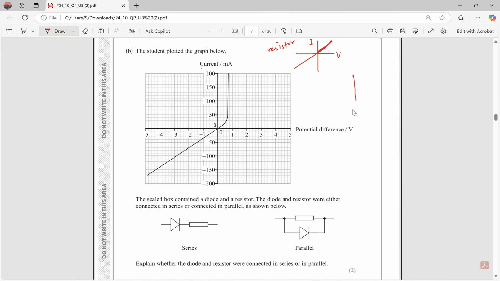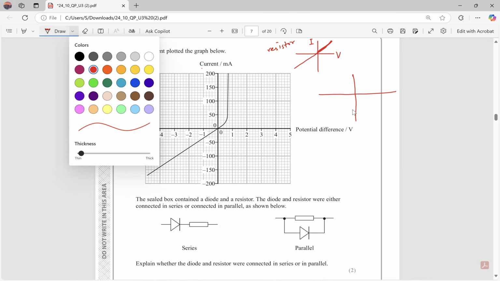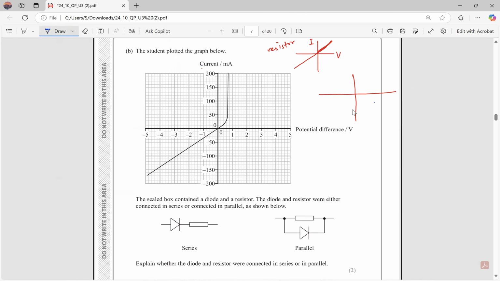The second thing that we are dealing with here is a diode. A diode is a non-ohmic device. In its forward bias region, after a certain value of voltage, its current increases rapidly. But in its reverse bias region, it's very small.